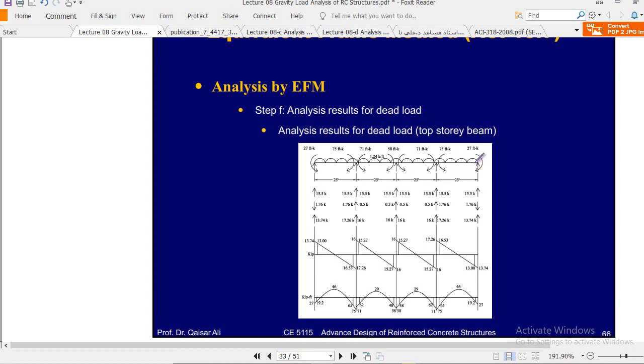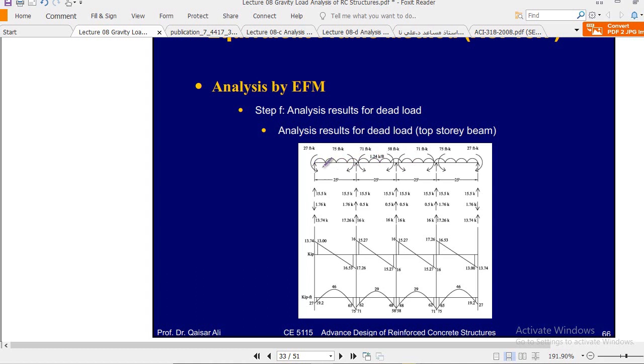And now we have to assign that 1.24 kip per feet loading, not 1.75 kip per feet loading, remember, because the 1.75 kip per feet moment is for the slab beam. Now here we don't have a slab beam, we have just a beam. So that's why we are assigning 1.24.